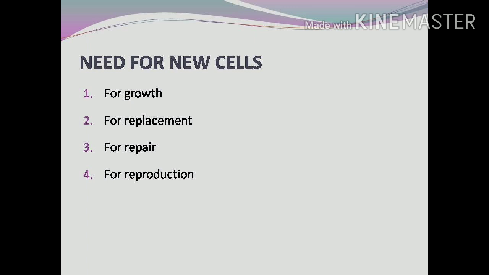If there is any wound, within a few days we will recover from that wound. Because of this cell division, the newly formed cells occupy the wound region and help in the healing of our wound. So for the repair purpose, we require cell division.